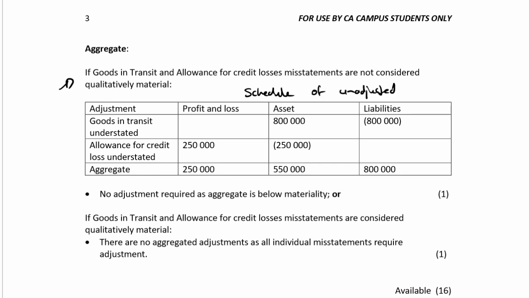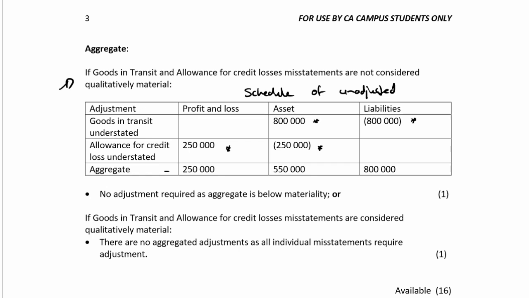You don't need to adjust these because they are not material misstatements. They are, however, misstatements that are now not going to be adjusted. So I just need to make sure that the accumulation of those does not exceed final materiality. And so, what is the issue? Here I've got my allowance for credit losses of 250, debtors 250, goods in transit, assets 800, liabilities 800.